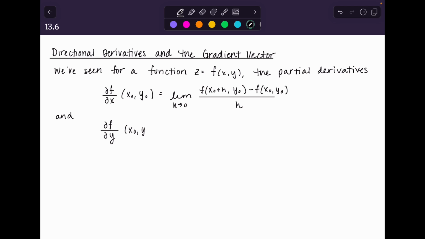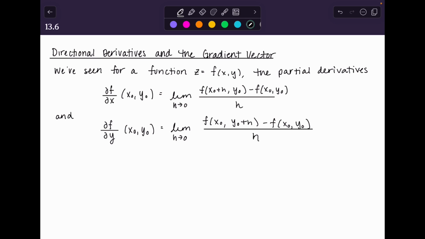specifically at some point, all that's doing is changing the x and y to whatever the values are of the point. It's exactly the same thing, but now you add that h into the y component instead. So x is completely untouched, and we have that change in y instead, and then it's all over h.